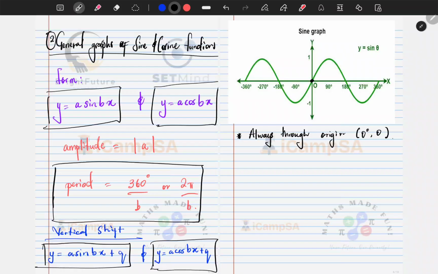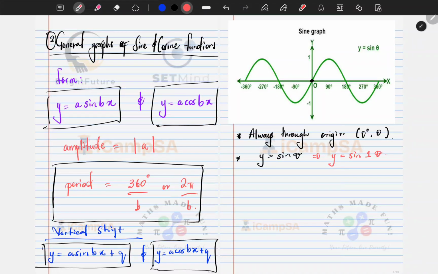So if I were to say, please give me the period of this graph, the period of this graph is going to be 360. Remember, you have y equals sine theta, and here you have an invisible 1. It's the same thing as having y equals sine 1 theta.